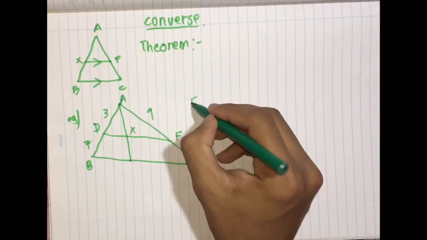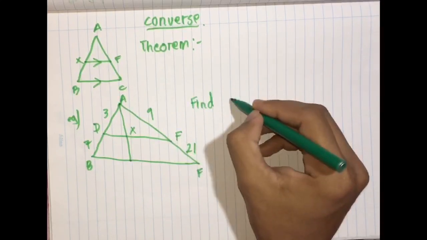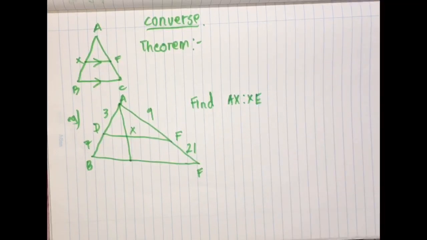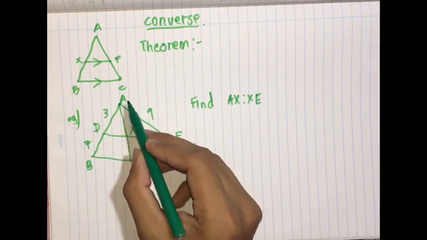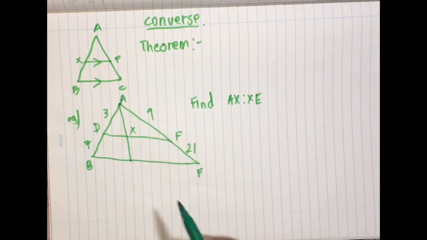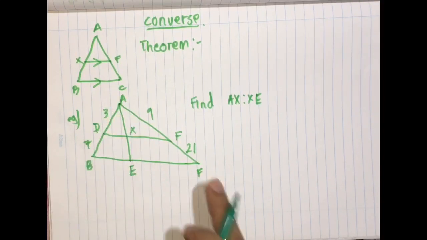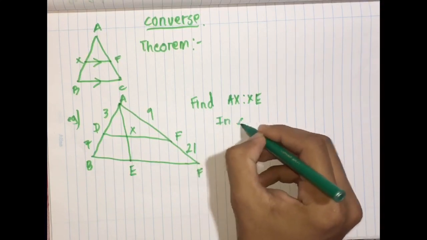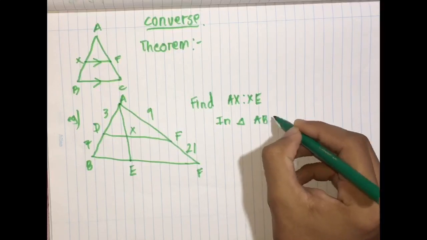You have to find AX is to XC. How to find? Now observe, you have to find the ratio between AX to XC. This is E. To start with, I'm going to consider the triangle ABF. Therefore I'll say in triangle ABF.